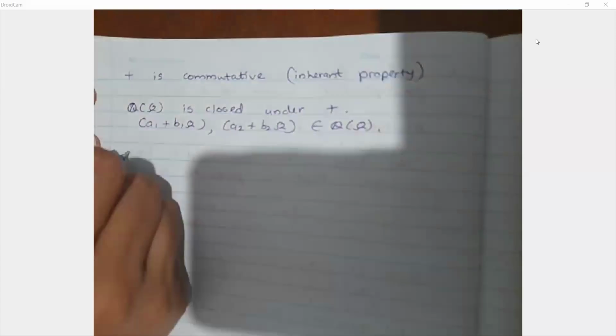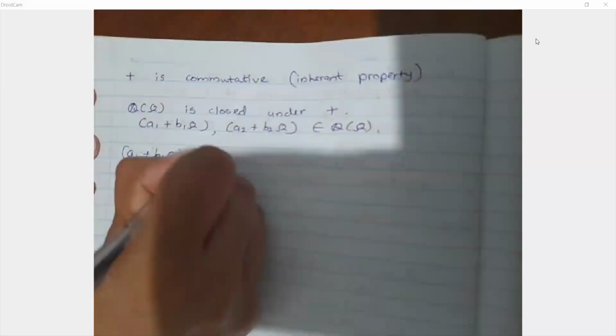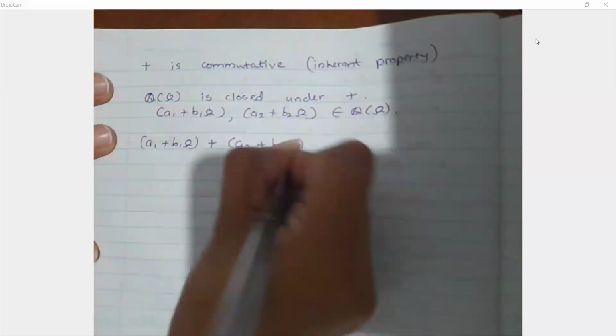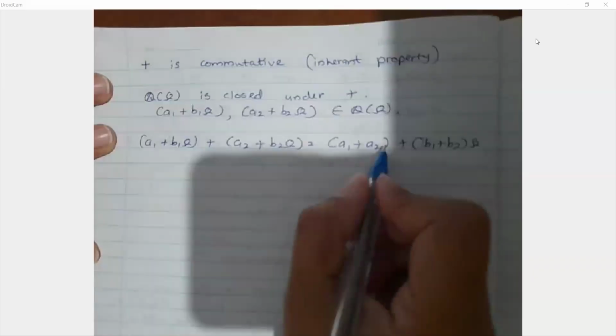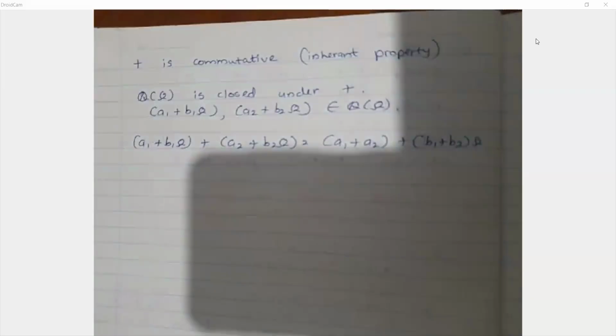You can add A1 plus A2, and factoring out a root 2, we see that this is B1 plus B2 times root 2. Now A1, A2, B1, B2 all come from the set of rationals, which is a group under addition. So it's closed under addition.